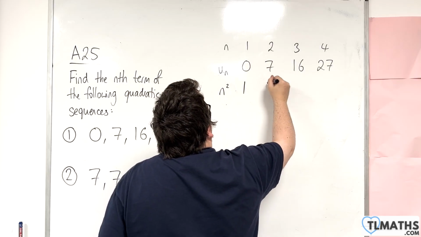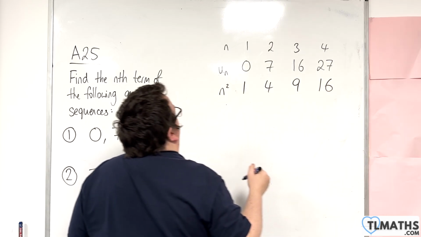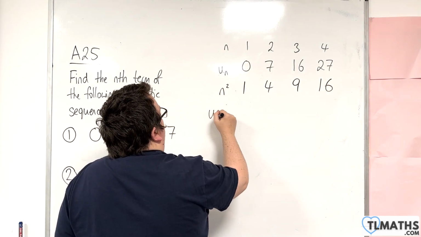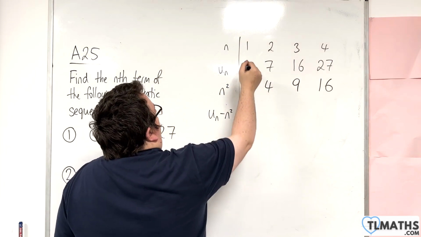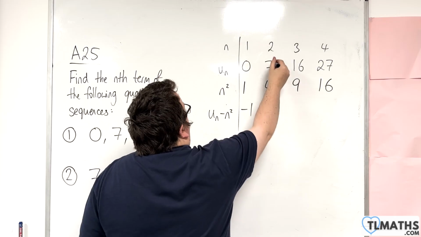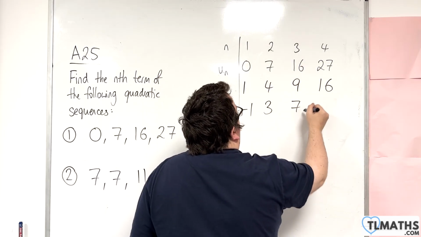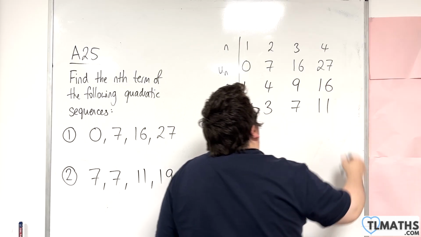That'd be 1 squared, 2 squared, 3 squared, 4 squared. And then we subtract those two away, so we get rid of the n squared bit. So 0 take away 1 is minus 1, 7 take away 4 is 3, 16 take away 9 is 7, and 27 take away 16 is 11.